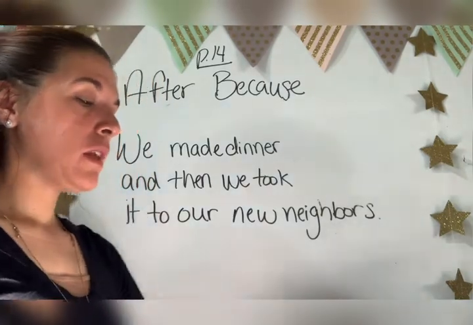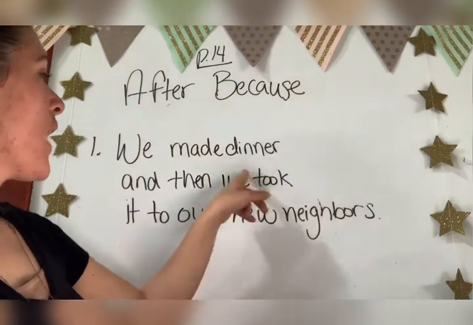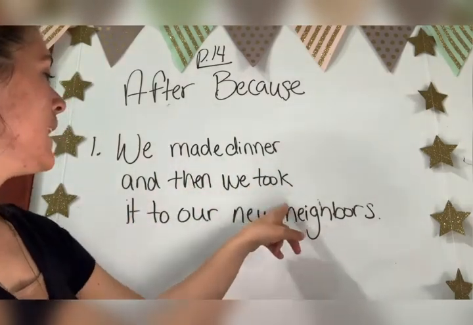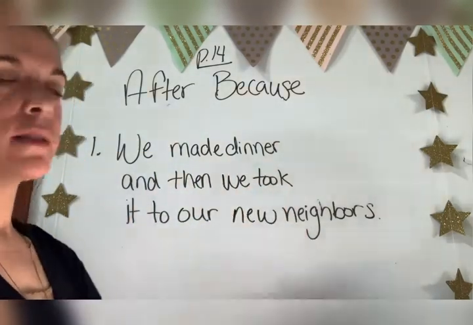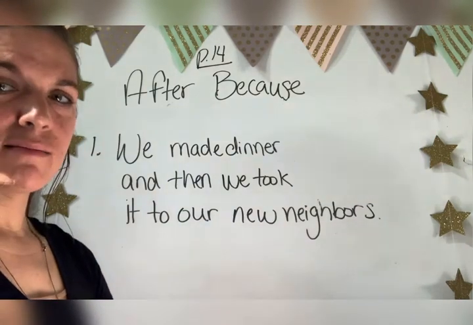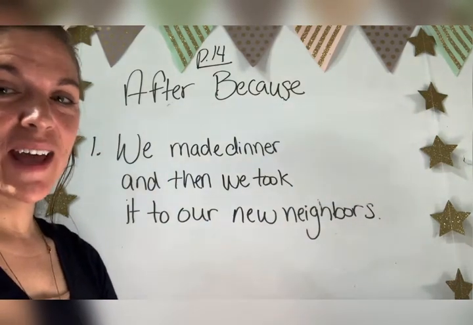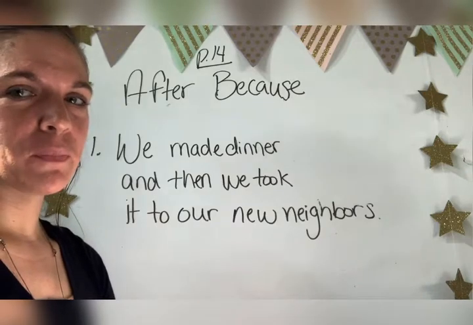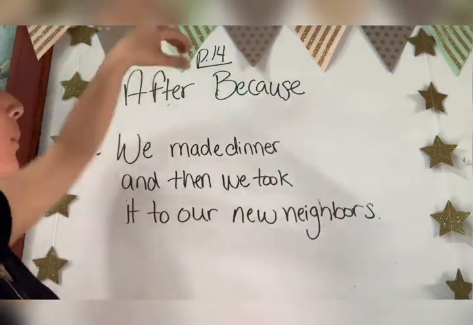Okay, here we go. We made dinner and then we took it to our new neighbors. Is there a problem with that sentence? No, it's a good sentence, okay? But we can even make it better. What word do you think would go better here?